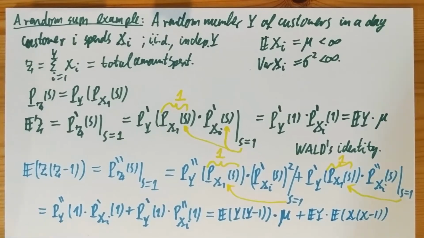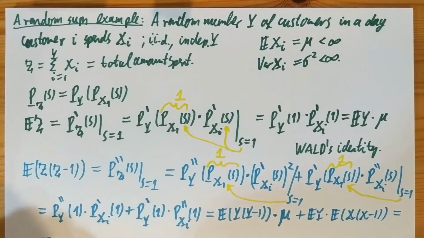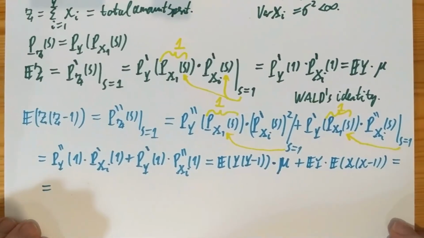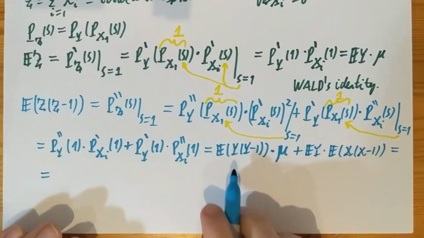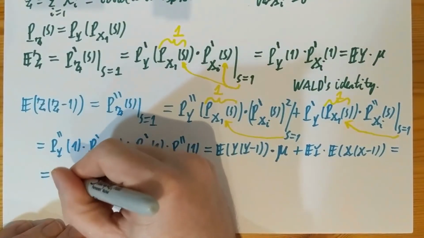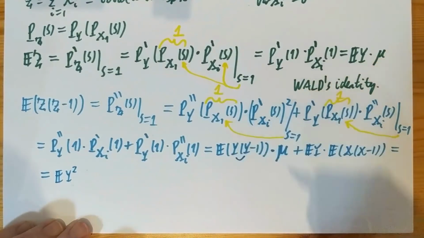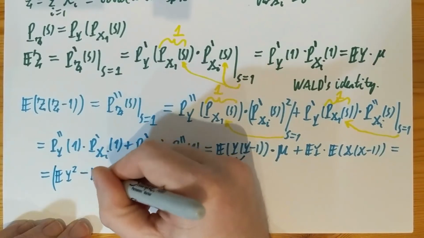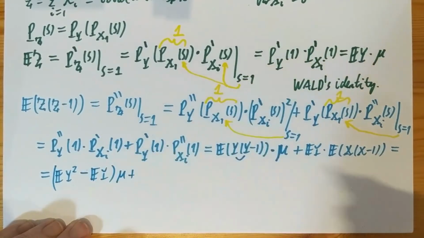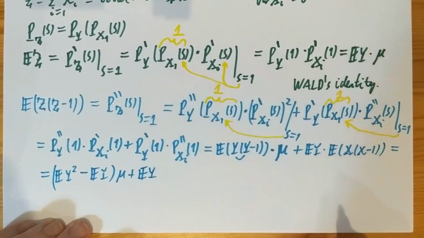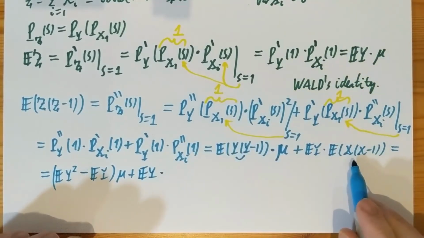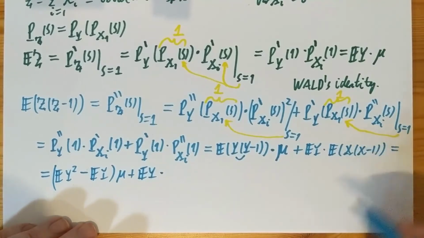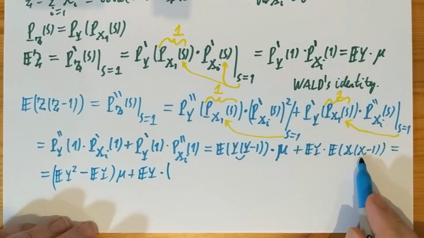All right, now let me proceed here and just write this out a little bit before we do anything else. I'm going to write this as the second moment of Y when I do this product here, minus the first moment of Y, the mean of Y, times mu, plus the expectation of Y times, and so here what I'm going to have is expectation of X squared.